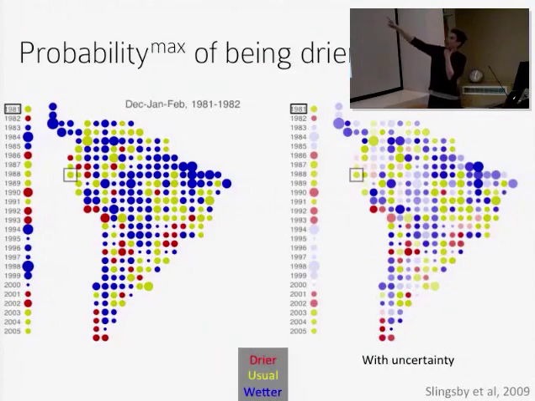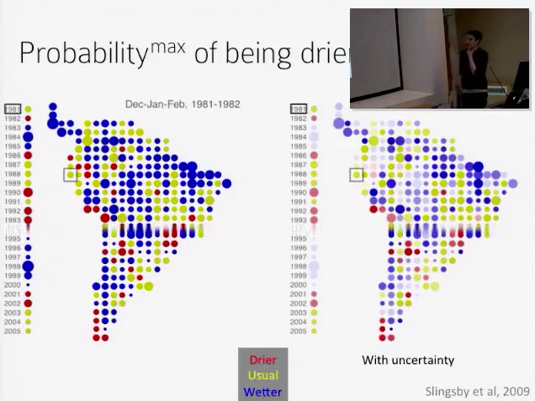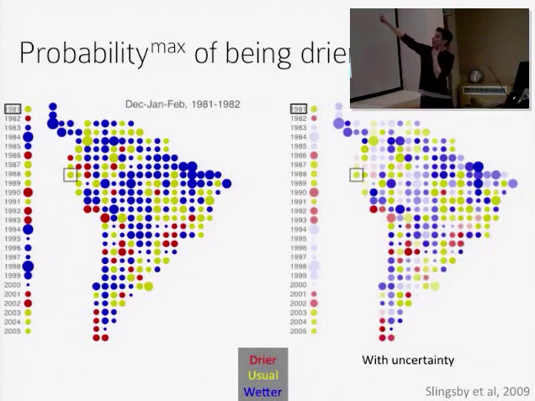So for the top right up there, the most likely outcome is that it's going to be wetter than usual, but there's some uncertainty about that. We're a lot less certain about the outcome to the right there than we are closer towards the left.